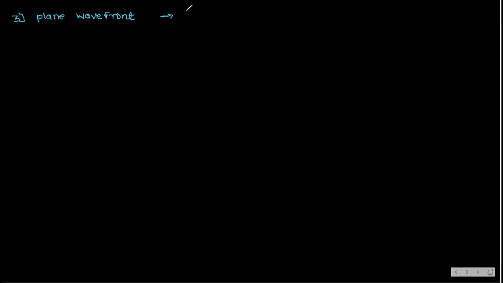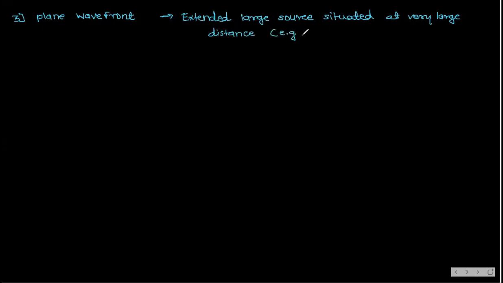See what I am writing: an extended large source situated at a very large distance. For example, the sun.